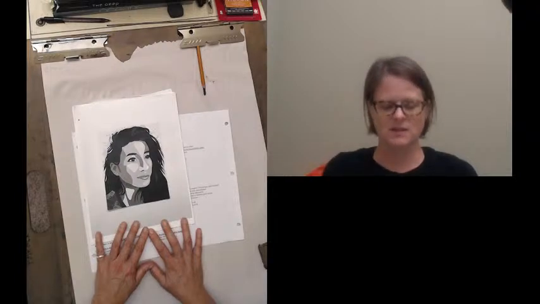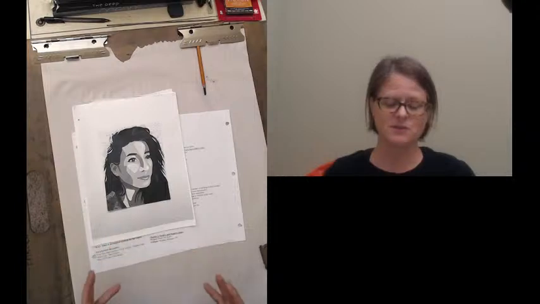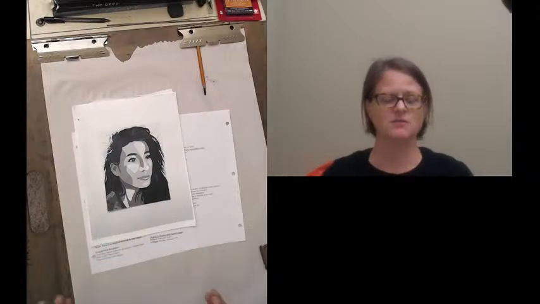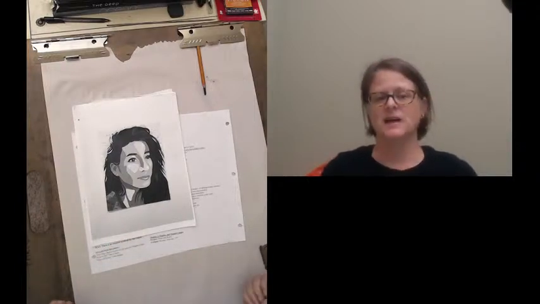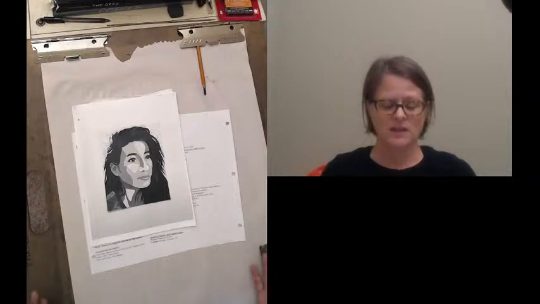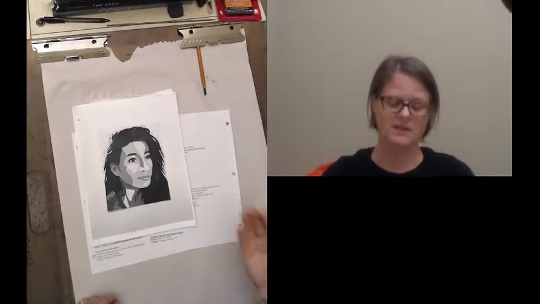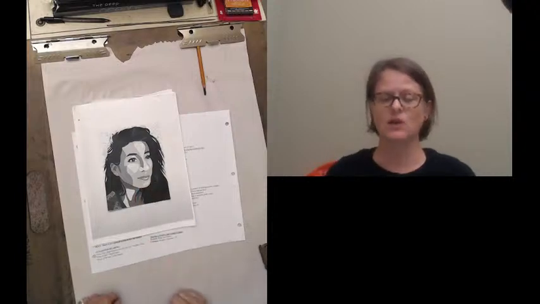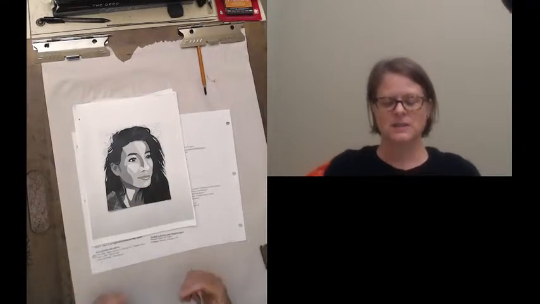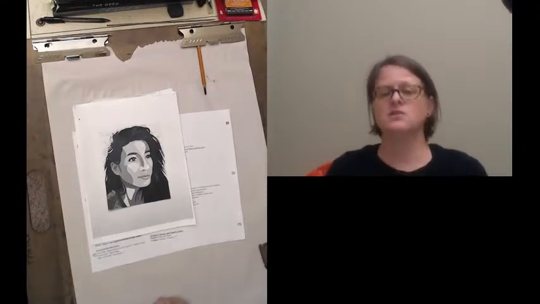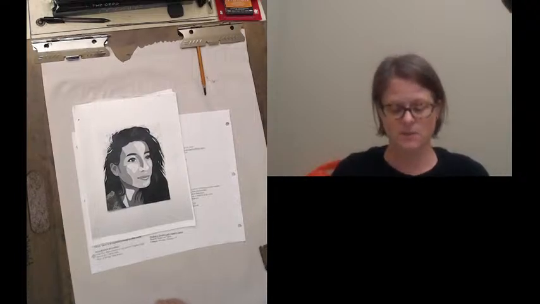What I have you do is a value scale from white to black, and then you paint that, and then we cut out the value changes on our face and we reconstruct our faces. It's so much fun, and it's a lot of hard work too.